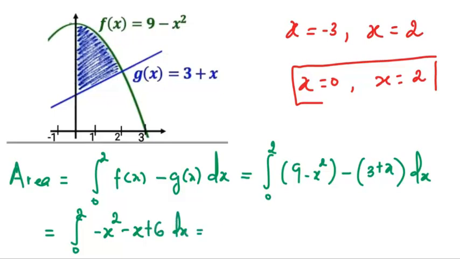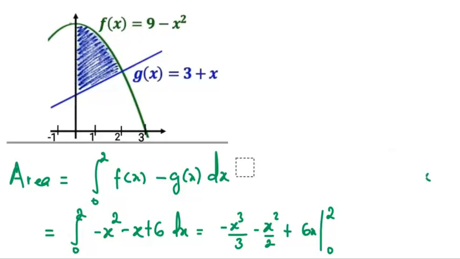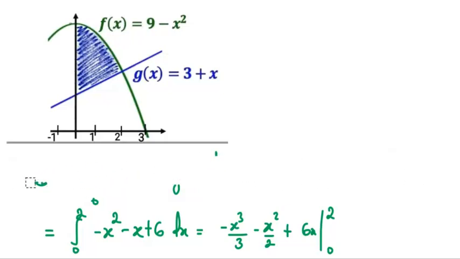If you integrate this, we get negative x to the power of 3 divided by 3, minus x to the power of 2 divided by 2, and then plus 6x, with limits from 0 to 2. So from here, we take our limits of integration.